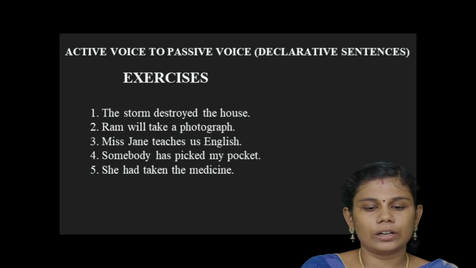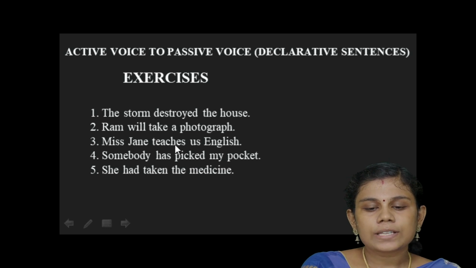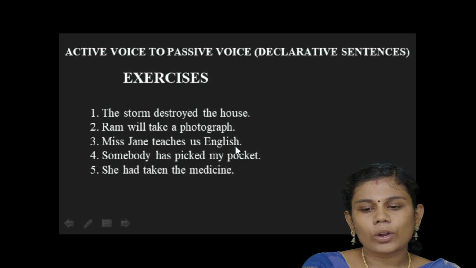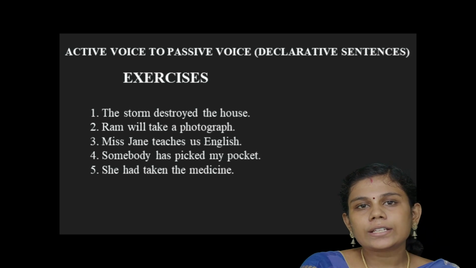Next exercise. Somebody has picked my pocket. Here somebody is the subject, has picked is the verb, my pocket is the object. When we change this, somebody indicates we don't know who it is.